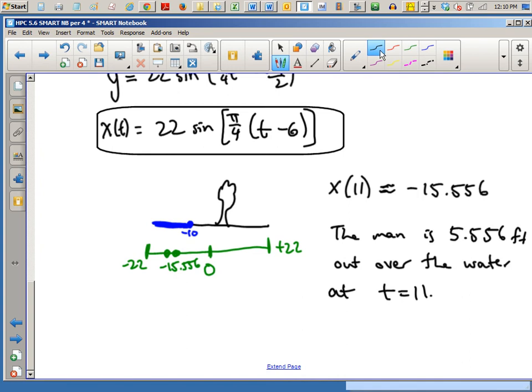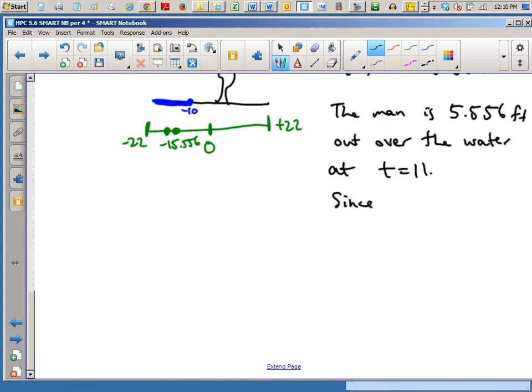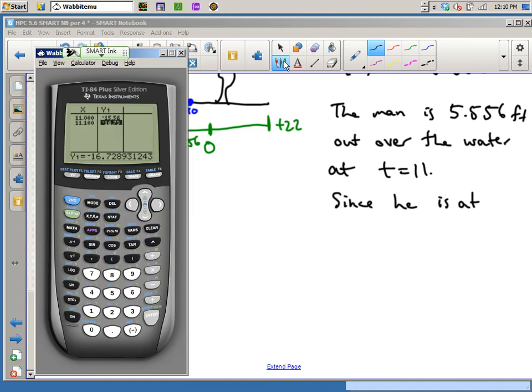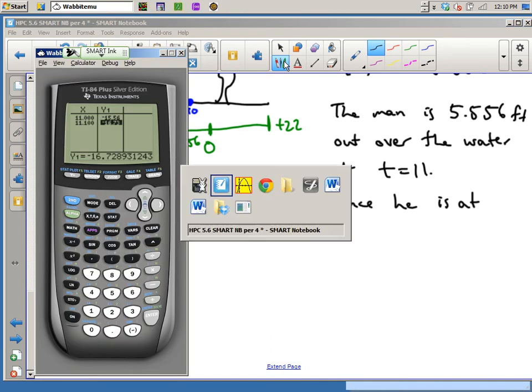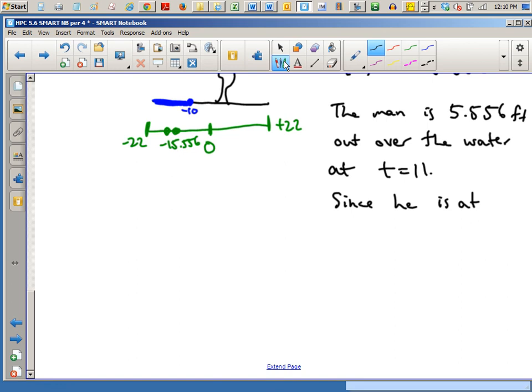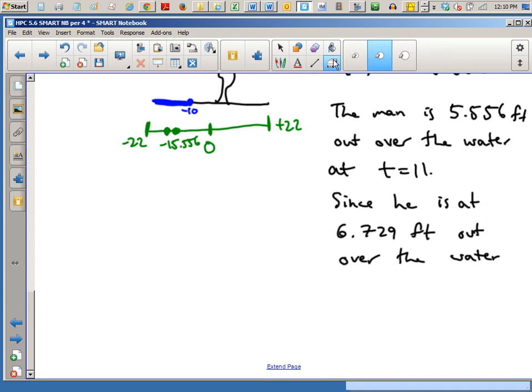So I'm going to write a little sentence about that. Since he is 6.729 feet out over the water at t equals 11.1, yeah, I think he's headed to the left, see?